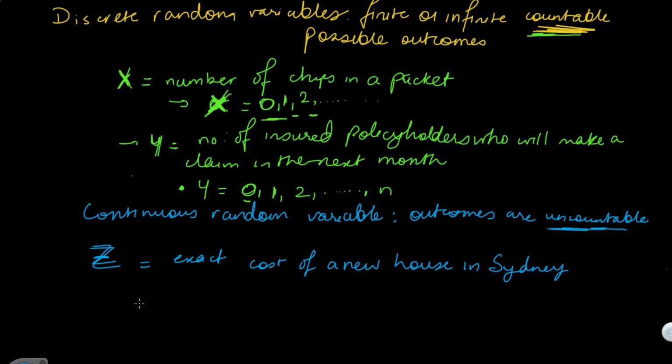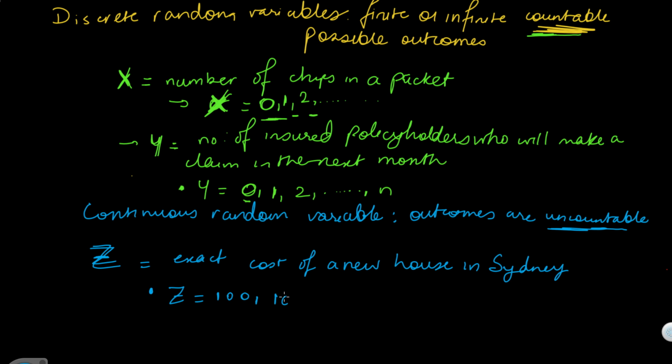Now, what are the values that Z can have? Well, Z can go all the way from, let's say it costs $100 to buy a house, because a tent is technically a house and you can buy a tent for $100. That's a possible outcome.